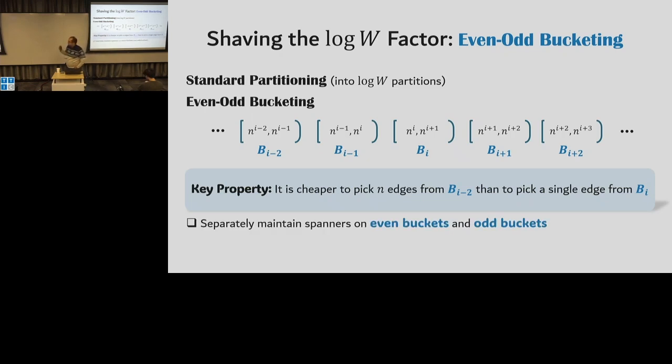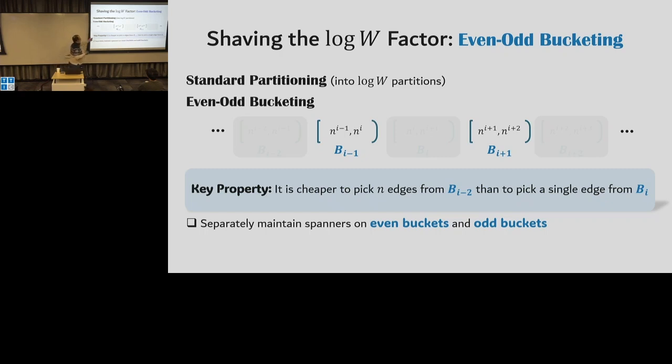And in particular, we are going to separately construct a spanner for even buckets and odd buckets. So first I look at, let's say, the even buckets. I construct a spanner on them, and also I construct a spanner for the odd buckets, and then at the end I merge them.